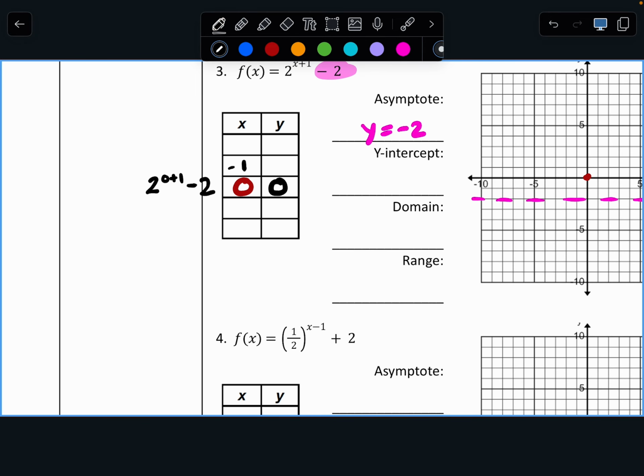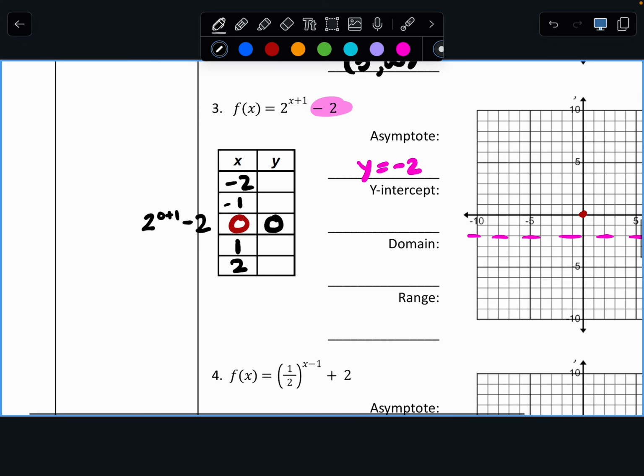Identify 2 x's to the left and 2 x's to the right of the y-intercept. And plug in -1 for x. 2 to the power of -1 plus 1 minus 2. And that's going to give me -1.